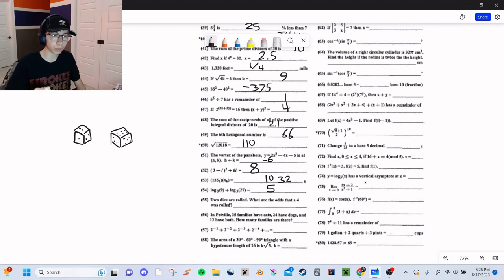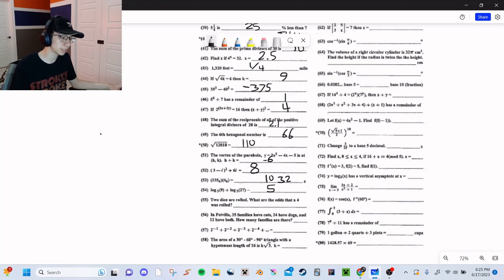So I'm going to roll these dice. I'm going to get the sum of the numbers that land on top. Let's think of the possibilities I have here. Can I get a sum of 1? No, because the smallest number on each dice is 1.